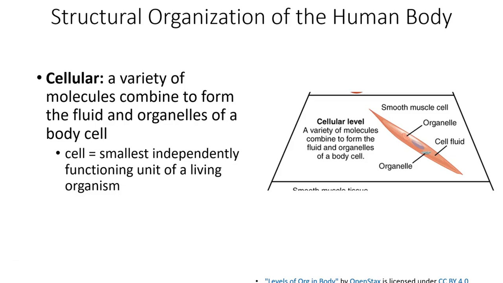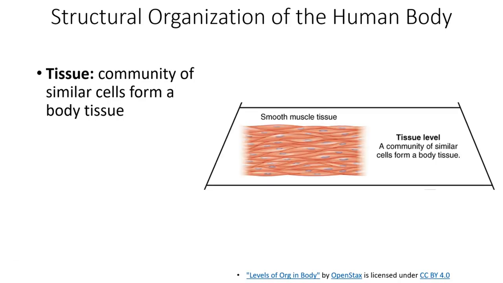We have lots of different types of cells. We have different types of muscle cells, we have nervous system cells, we have blood cells, we have skin cells, and so on and so forth. We'll look into each of those cell types in a little bit more detail when we get to those individual organ systems. Next level is tissue.